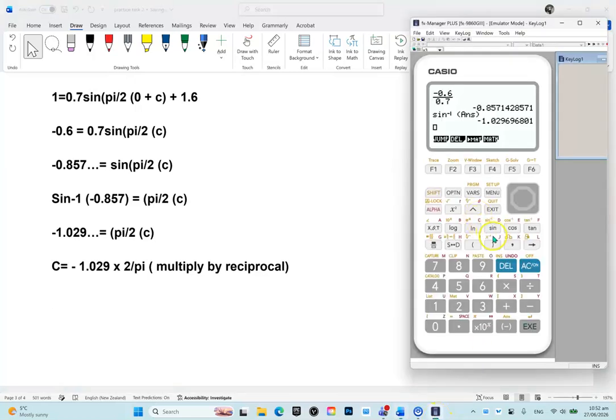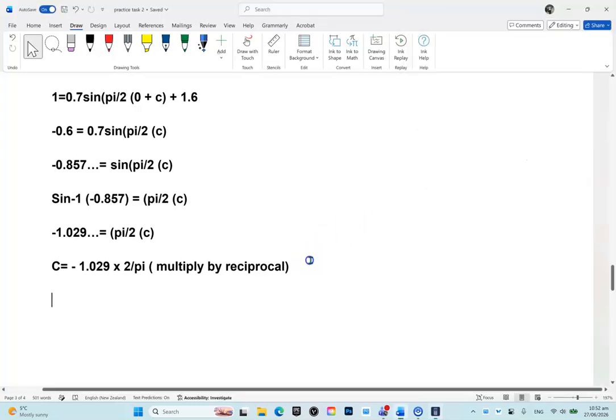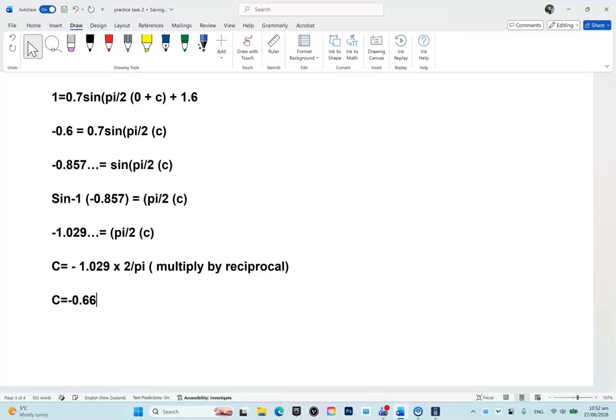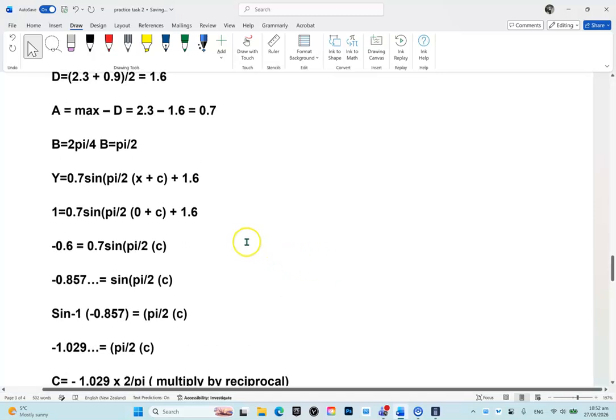And if we go back and we do the answer times 2 over pi, that's going to give us a C value of negative 0.65. We can round that to negative 0.66. So now we've found our full equation.